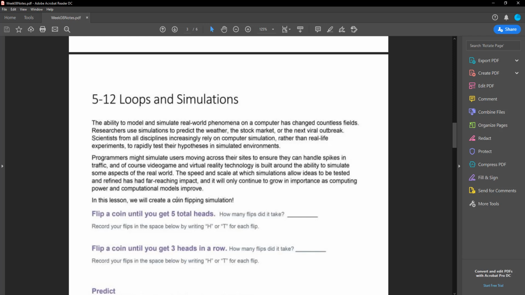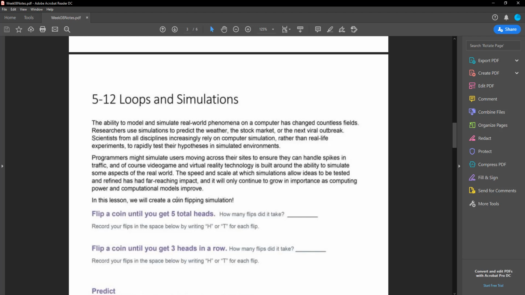Now down here, it's just the idea of how you can use these loops to model real-world situations or make a simulation. And I won't really get into this because it's just modeling coin flips, which are pretty straightforward. But I really want you to consider, again, how important computer science is to all the other sciences. I mean, you could talk about economics, you could talk about biology, you can talk about a variety of subject matter where you need to do simulations, right?